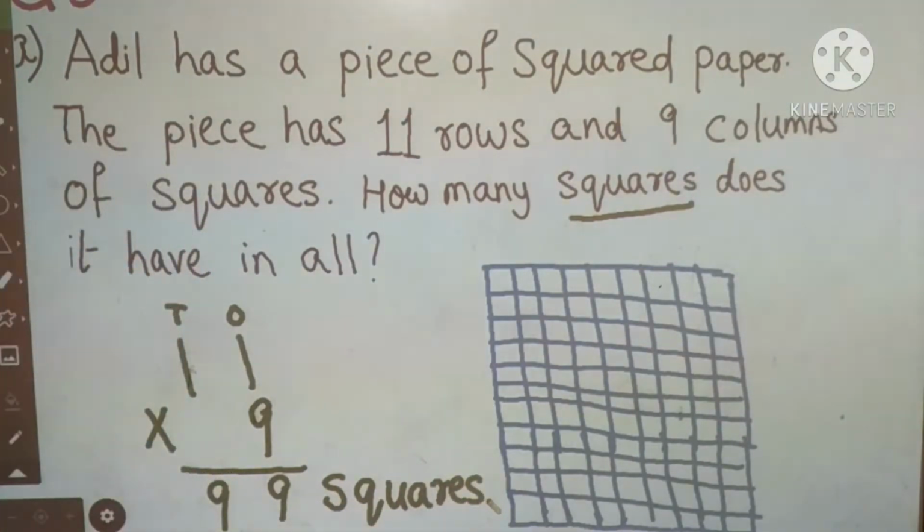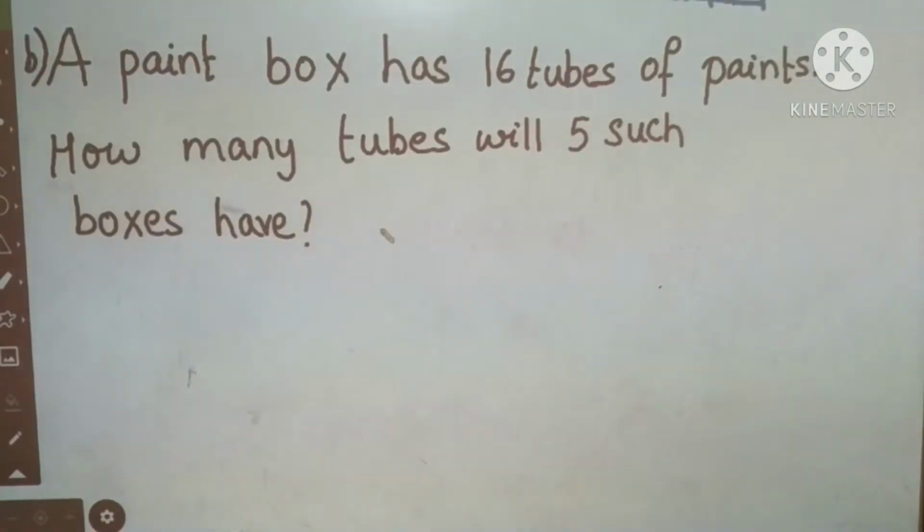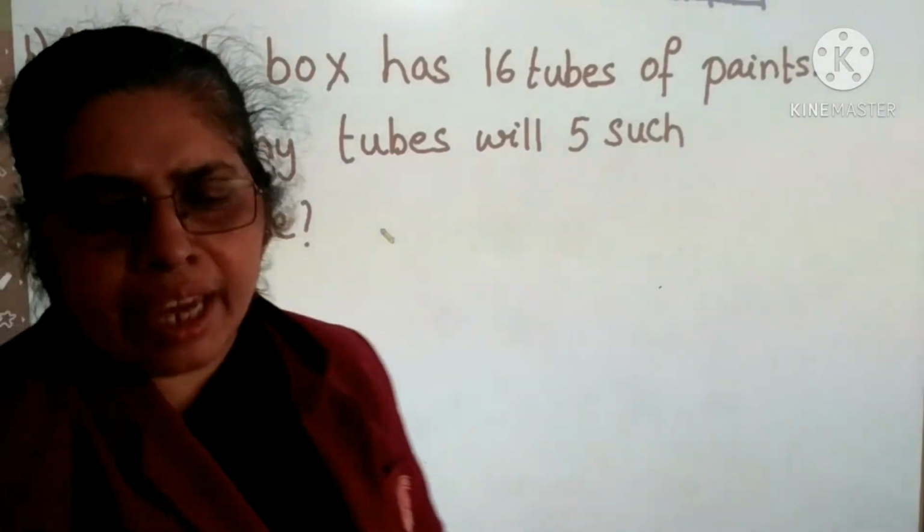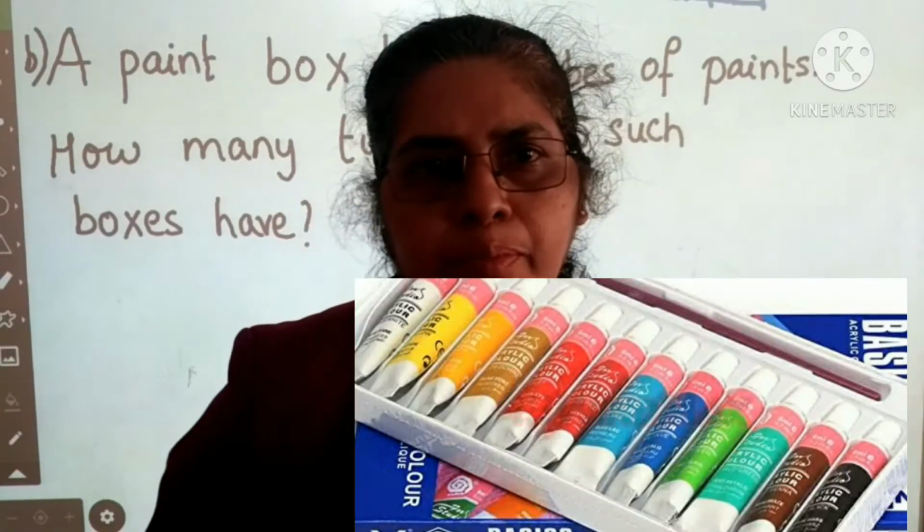So, question number B. A paint box has 16 tubes of paint. How many tubes will 5 such boxes have? A paint box, you know the paint box?